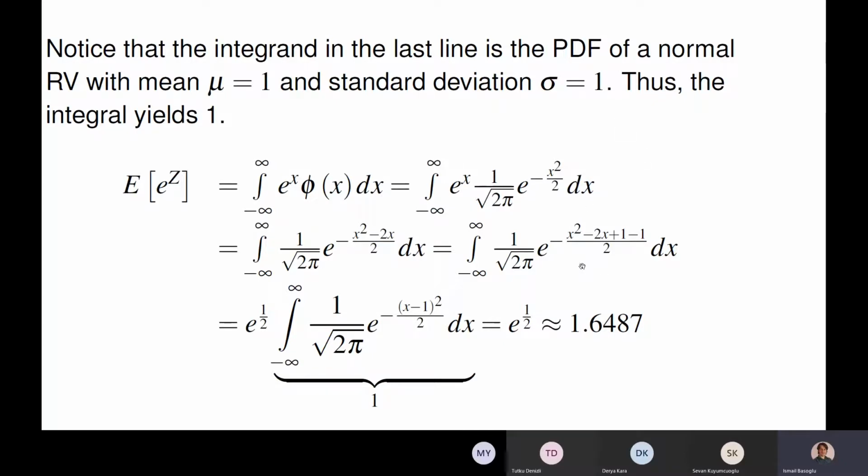Let me explain. x squared minus 2x plus 1 is the expansion of x minus 1 to the power 2, the binomial expansion. So I can formulate x squared minus 2x plus 1 as (x minus 1) squared over 2, but there is an additional minus 1 term here.